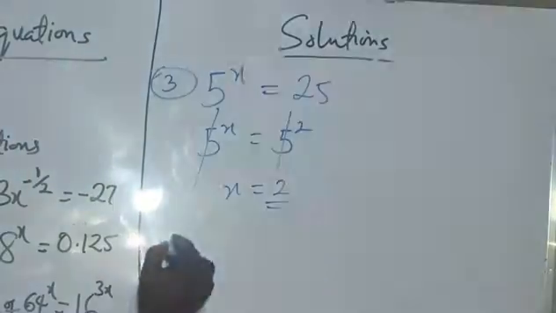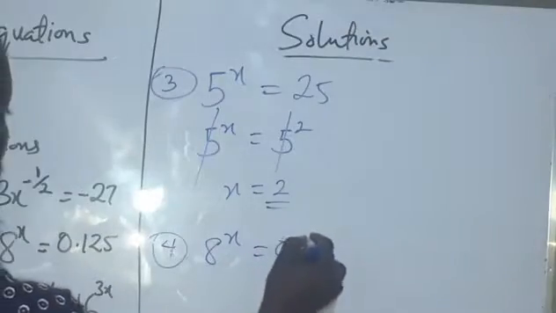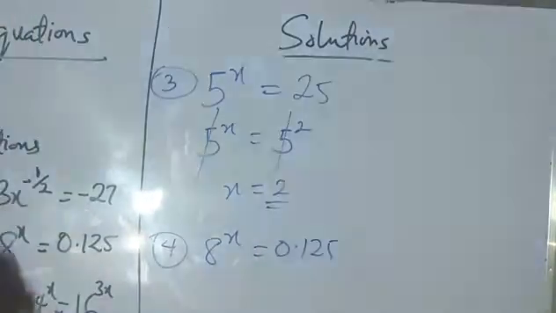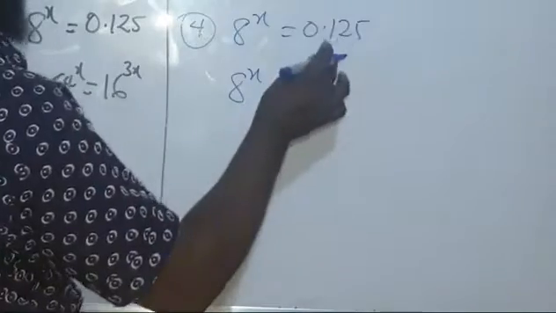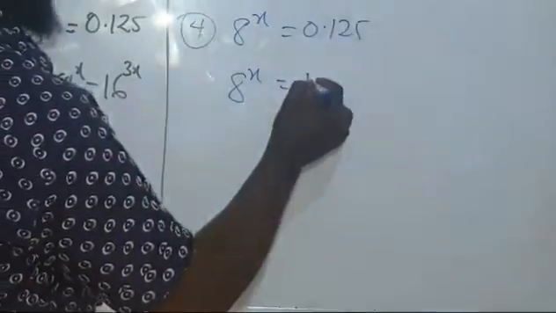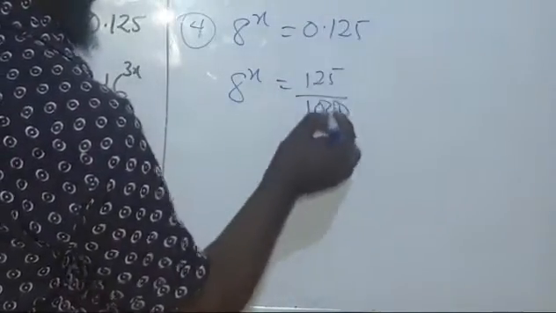Then number 4, we have 8 raised by x equals 0.125. So you can see this is a decimal. The first thing you need to do is to change this one to a fraction. So that means 125 over 1000.